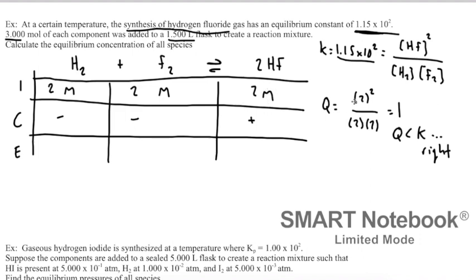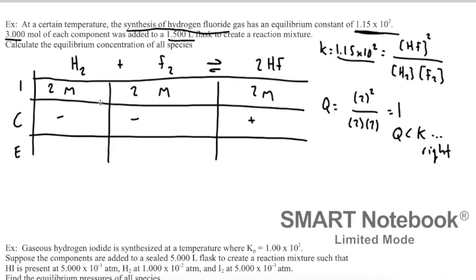We did a quick Q calculation to figure out how Q compared to K. We saw that Q was less than K. We need to bring Q back up to K by increasing the amount of products. So clearly the forward reaction will occur. The system is going to shift to the right, or the reaction will progress to the right. So now I need to figure out what to plug in here.